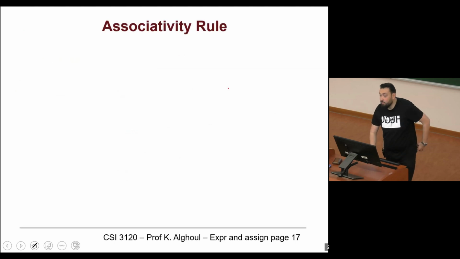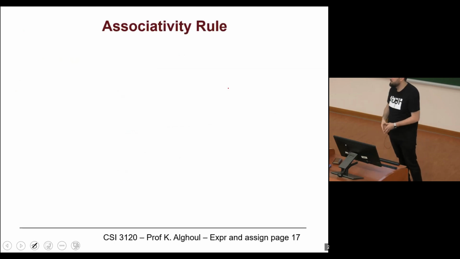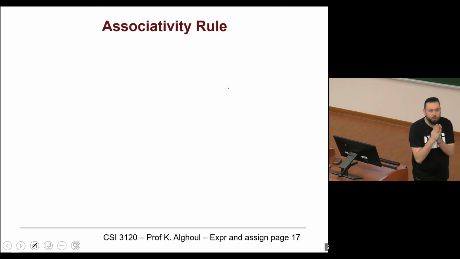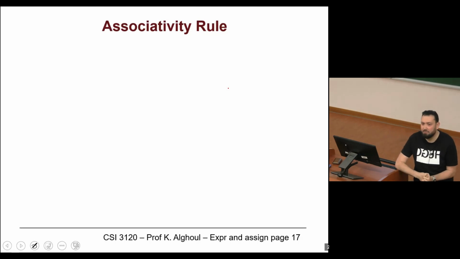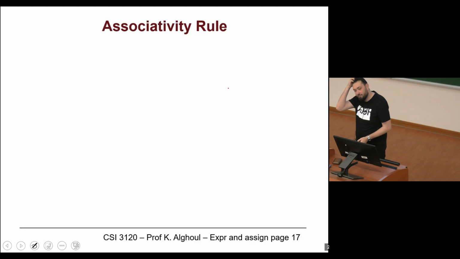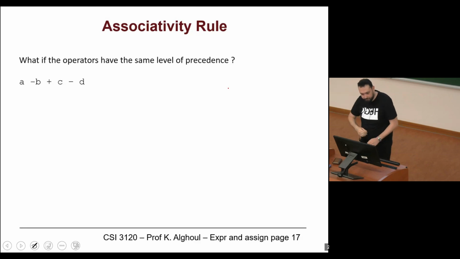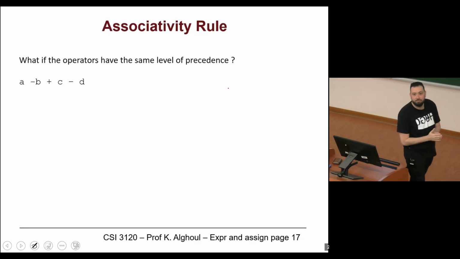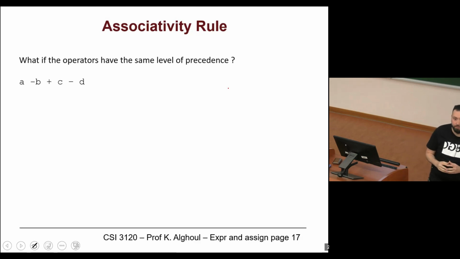Now, the other rule is what? Associativity rule. Do you remember when would we even use it? Because the precedence rule is enough for me. So why would I waste my time and write another rule? Do you remember a bit from previous chapters? About this case.